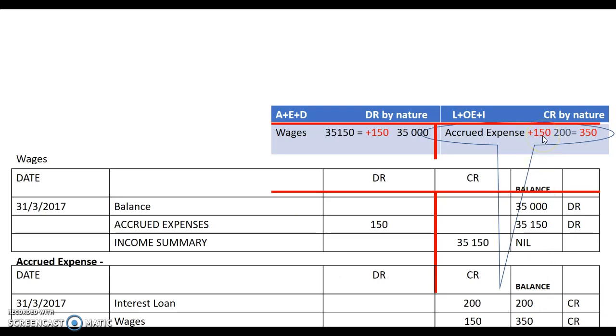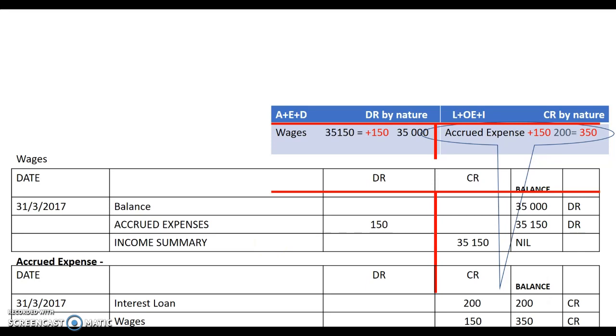And then remember, wages is an expense, so at the end of the year I have to get that down to 0. So that's my nil account. I've got to get that down to nil. I've got 35,150 debit sitting there. How do I cancel that out? I put 35,150 credits in that account, which brings that down to 0. So where does the opposing debit end up? In the income summary account.